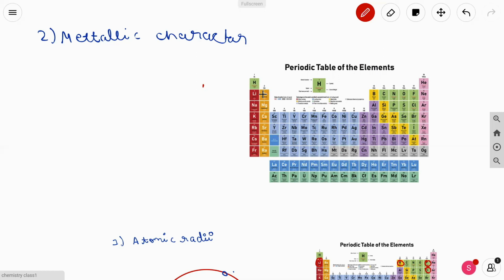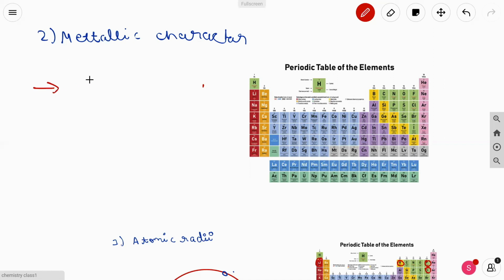In the force Q1 Q2 by r square, the nuclear charge Q1 will increase, but the radius will remain almost the same. So beryllium clings on to its valence electrons more strongly than lithium does. So lithium loses its valence electrons more easily than beryllium does. And this is the general trend across a period.